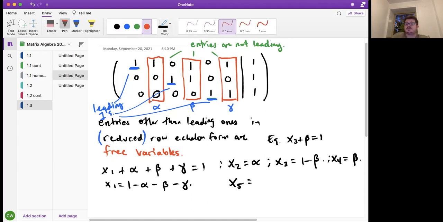Because that's the free one. Free variables are whatever x2 is. Yeah, x5 is 1 minus gamma, where x6 is gamma.